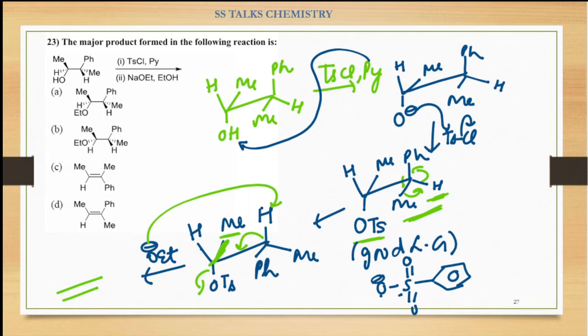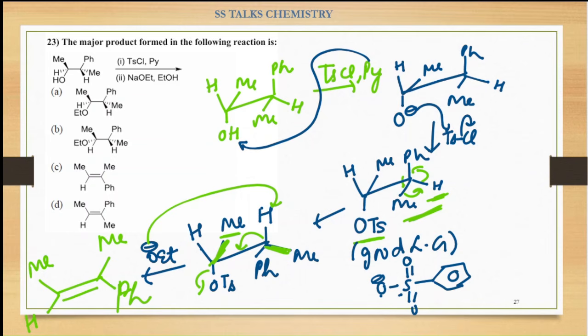So on this particular carbon center, the methyl group will be on this side and this is the hydrogen. And on this particular carbon center also the methyl group is on the wedge side. That means both the methyl groups are on the same side. And on the other side, the Ph group is going to be present. So this is going to be your resultant product where both the substituents, that is your methyl groups, are on the same side. So look for the option.